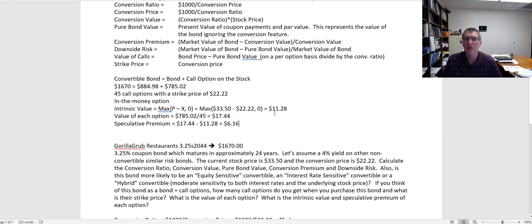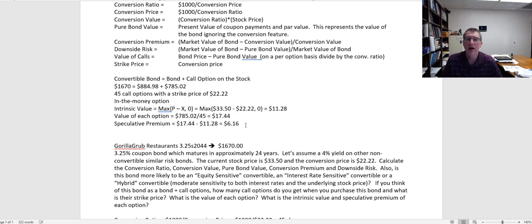The intrinsic value of those options is $11.28, which means each option is worth 785 divided by 45, $17.44, and that $17.44 is split into the intrinsic value and speculative premium. So the speculative premium is $6.16.